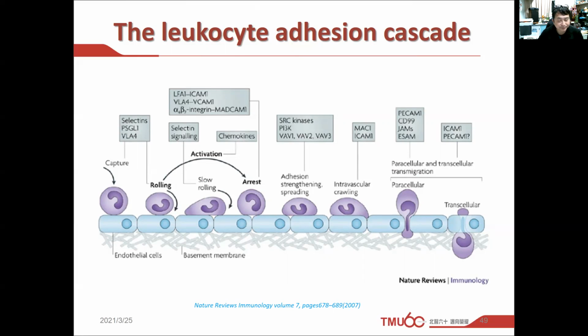And later on, probably 10 to 15 minutes, the P-selectin will be transported from the alpha granule or cytoplasm onto the membrane of the endothelial cells, or expressed on the platelets.